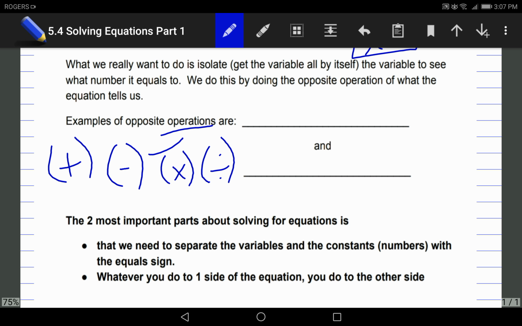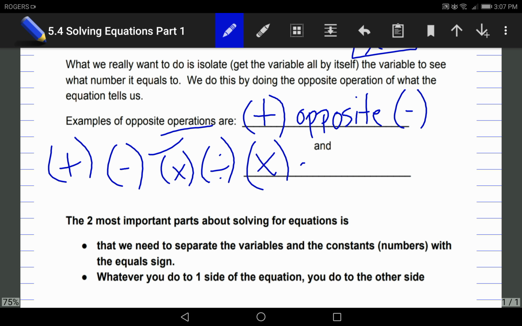So examples of opposite operations: addition is opposite to subtraction, and multiplication is opposite to division. And it's vice versa. The opposite of subtraction is addition and the opposite of division is multiplication. So it works either way.